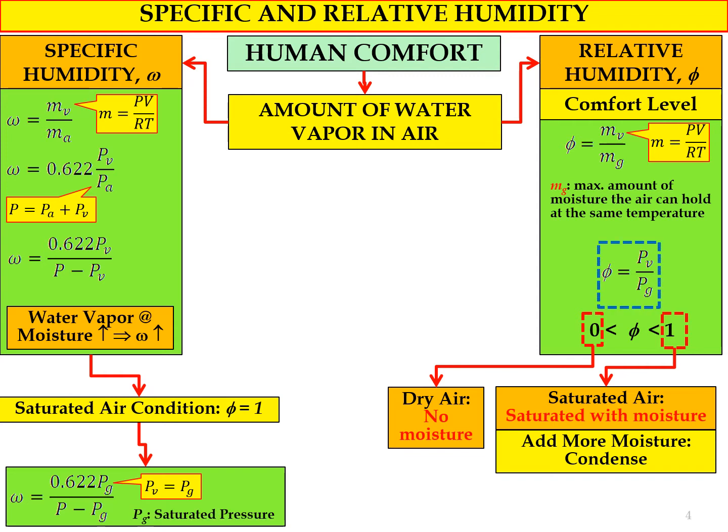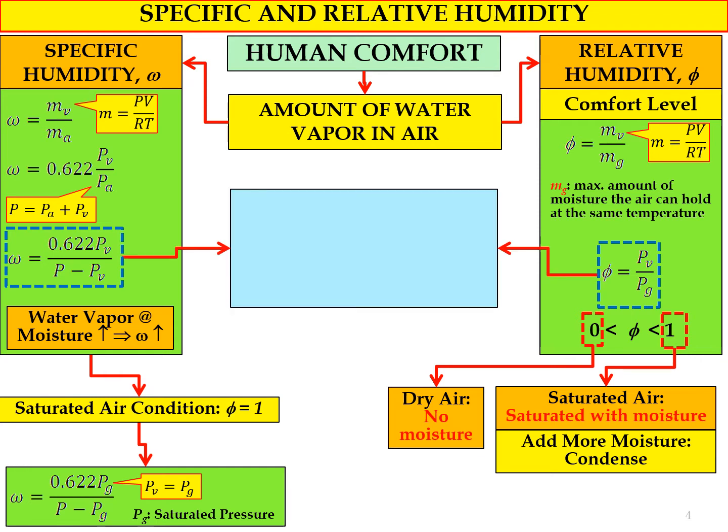And from this equation, the one which I put in the blue dotted rectangle, omega equal to 0.622 Pv divided by P minus Pv, we can find the relation between these two based on these two equations.